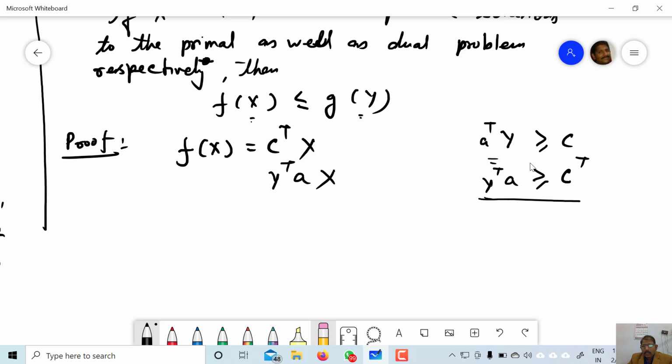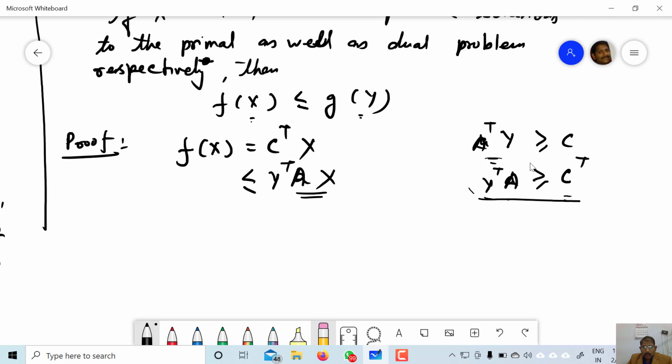Because this is larger than C transpose, the lower side will be greater than or equal to the upper part. A is the matrix, therefore I should have written it in capital, because a smaller letter is used for a constant in mathematics.